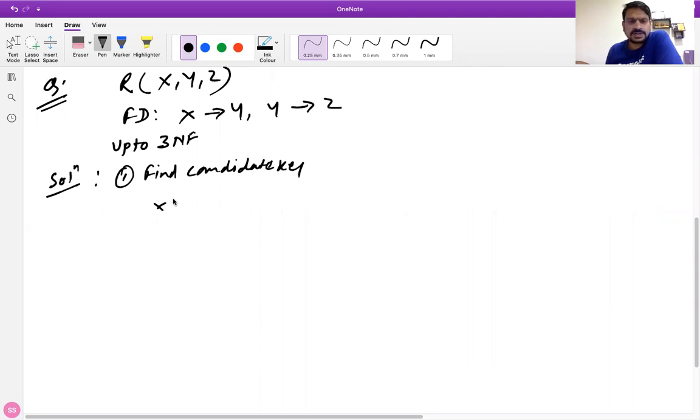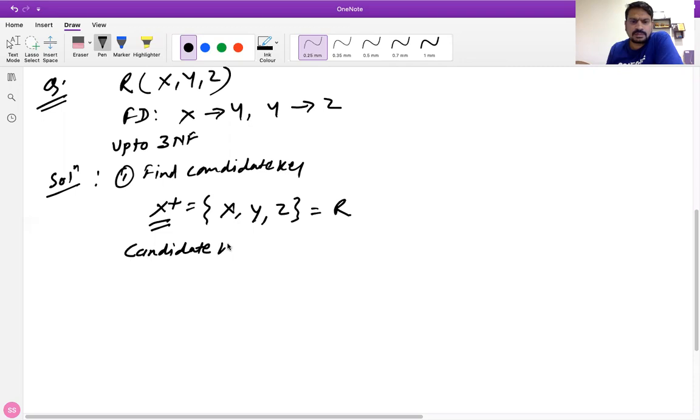If we find X closure, it will be X, then X determines Y, then Y determines Z. We are getting R, right? So X is my candidate key.